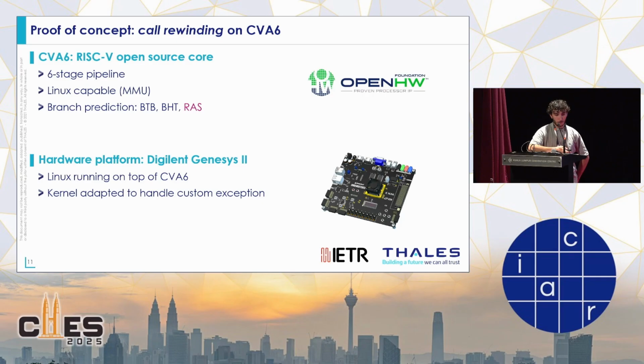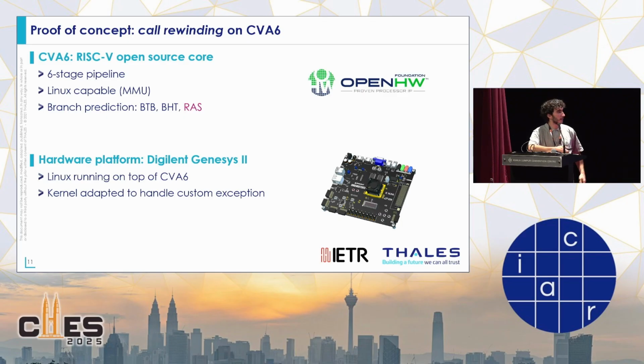So for the proof of concept, we implemented call rewinding on the CVA6, a RISC-V open source core, and it has a 6-stage pipeline, so it's similar to the one I presented earlier, and it uses branch prediction mechanisms and the return address stack that I mentioned.